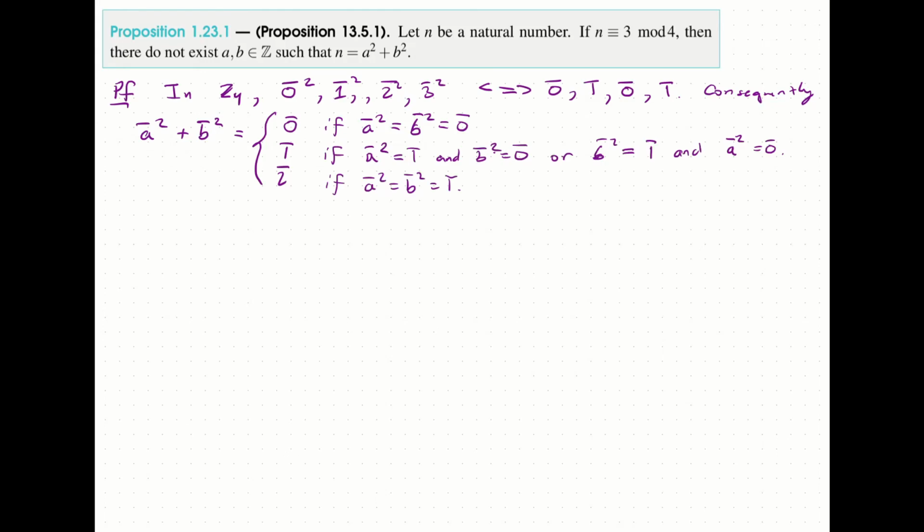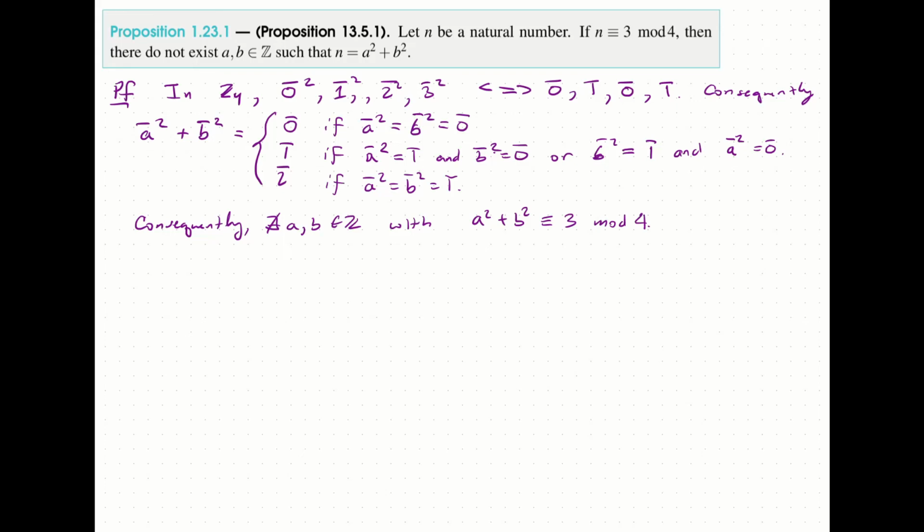And so as a consequence of us not being able to get 3 bar, we now can conclude that there are no integers a and b such that n is equal to a squared plus b squared. And so consequently, there do not exist a and b integers with a squared plus b squared being congruent to 3 mod 4.